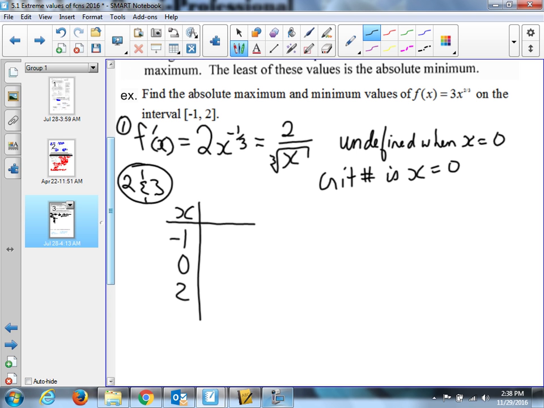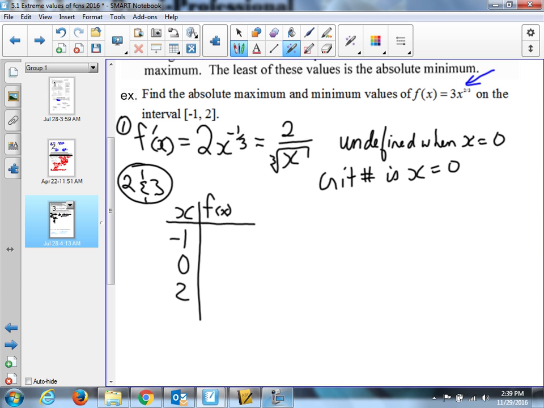Do it that way. And then the function, not the derivative's values. F of x. Now, sometimes you can just think of these. Sometimes you can't. This is what we're plugging into.